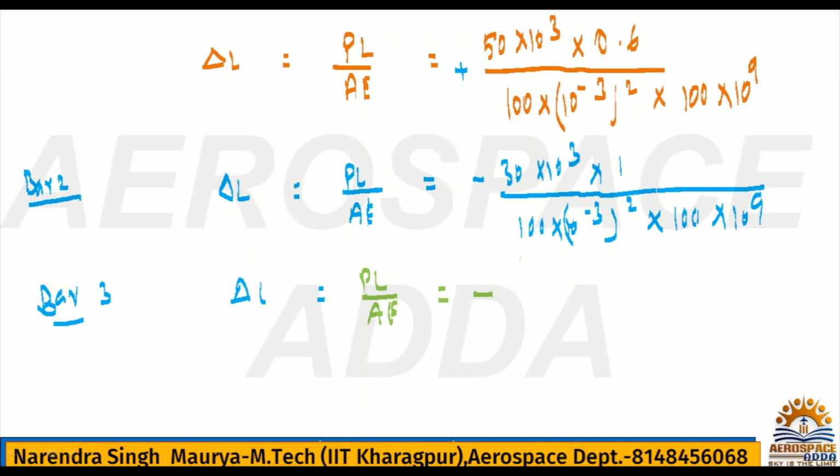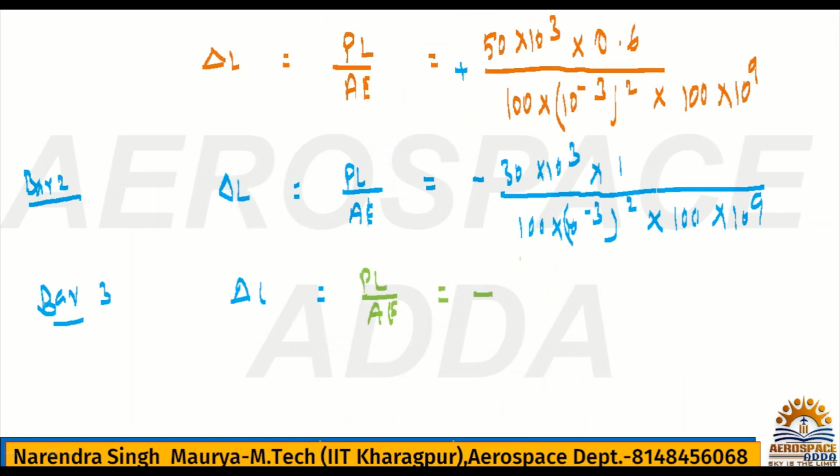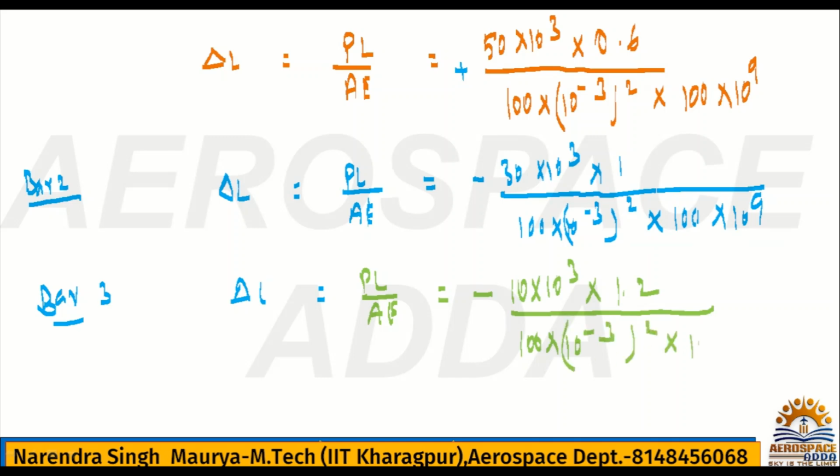The load given is 10 kilonewton and the length is 1.2. So 10 into 10 power 3 into 1.2, with the same denominator, 100 into 10 power minus 3 square, into 100 into 10 to power 9, because it's giga.